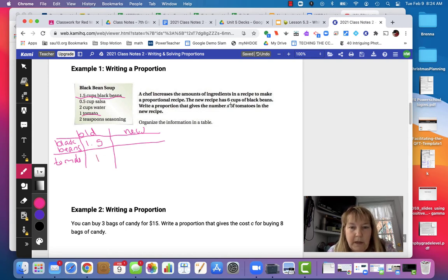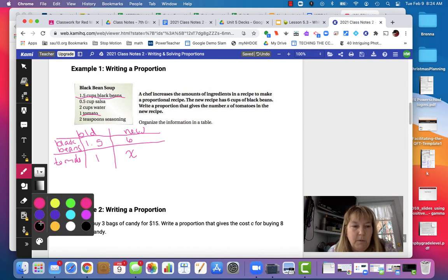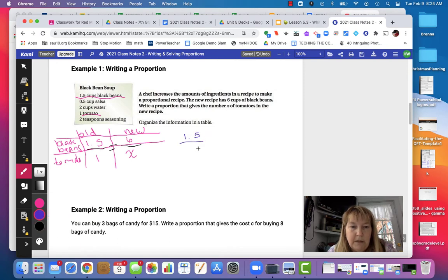In the new recipe, it has 6 cups of black beans. So the 6 would go here, and we don't know how many tomatoes. So we're going to write the proportion. Remember I said think about this as just drawing your line to separate the ratios. So I would write this as 1.5 black beans to 1 tomato is equal to 6 black beans to some unknown. And that's how you would write that proportion.